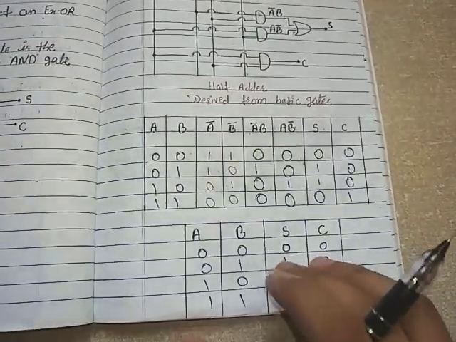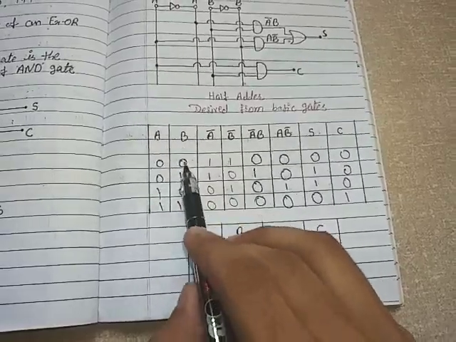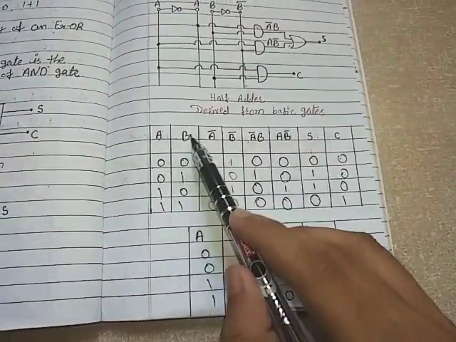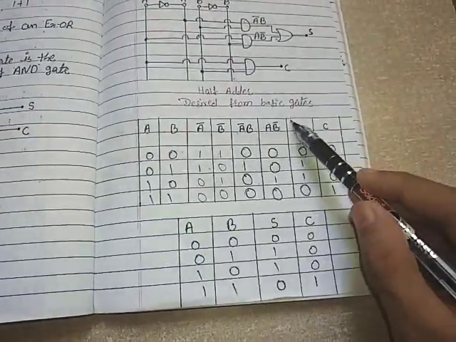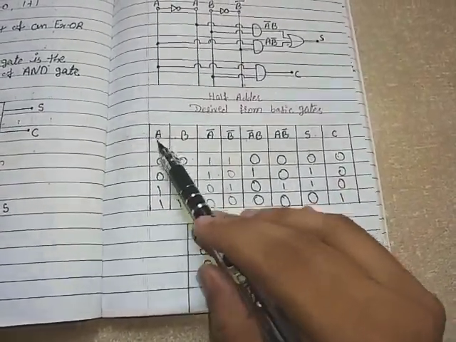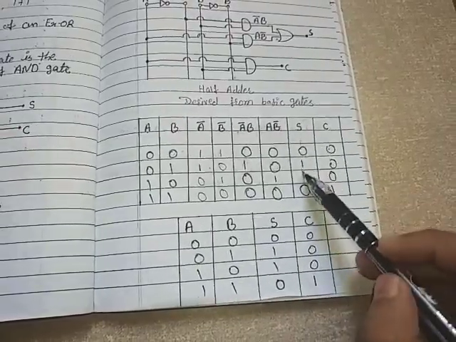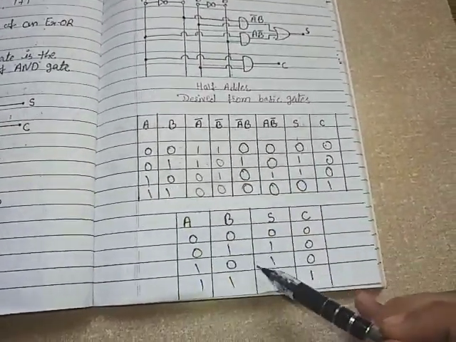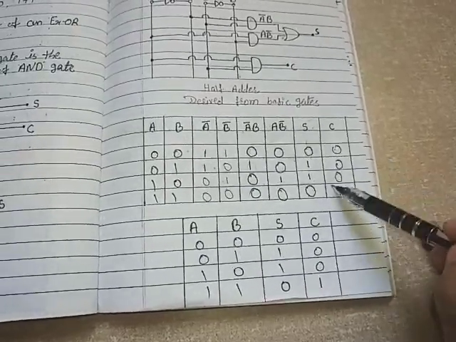So what we get: when A is 0, B is 0, S is 0, C is 0. When A is 0, B is 1, S is 1, C is 0. When A is 1, B is 0, S is 1, C is 0. When A is 1, B is 1, S is 0, C is 1.